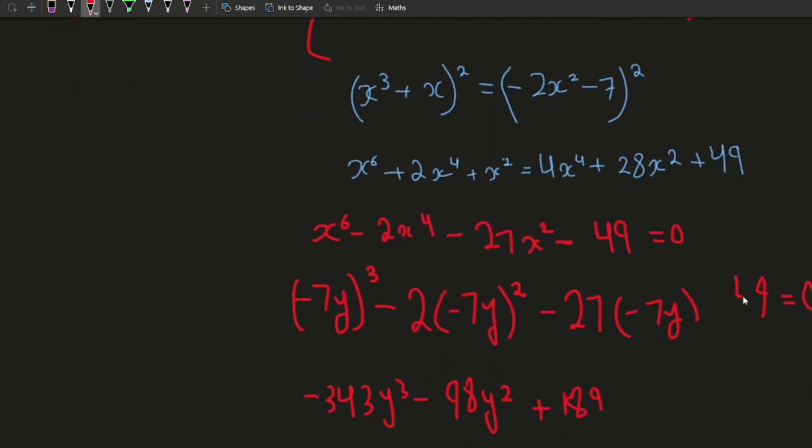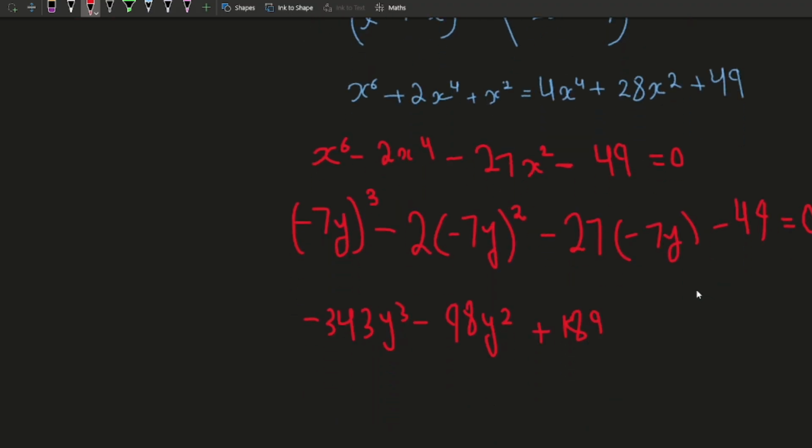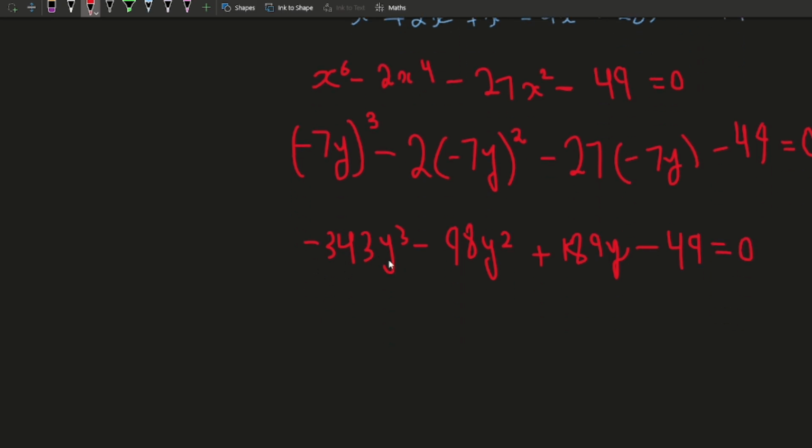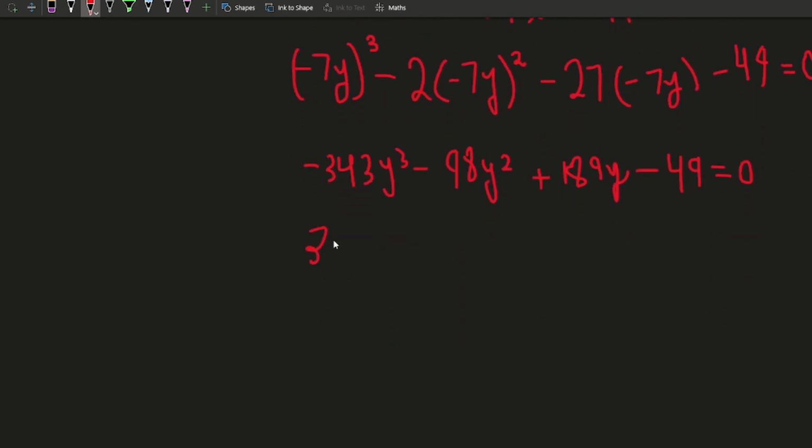Okay, so 49. Okay, so this is 189y and this is minus 49, and all of this is equals to 0. Now let's make the highest degree positive. So this will be 343y cube plus 98y square minus 189y minus, no, plus 49 equals to 0.